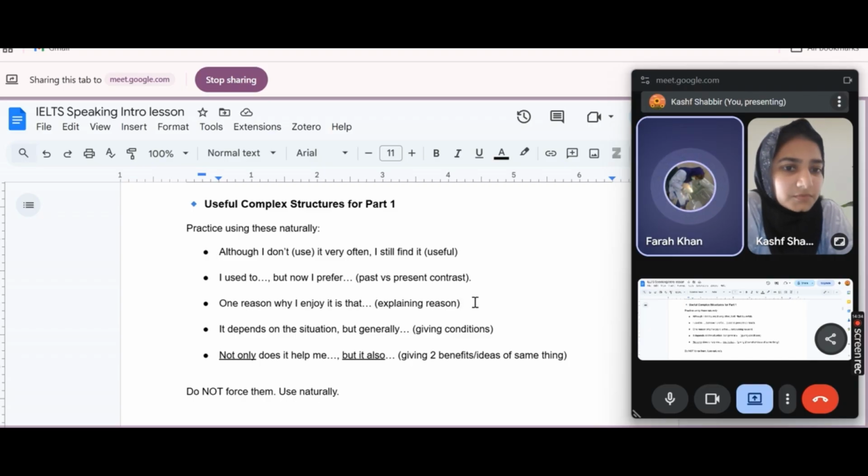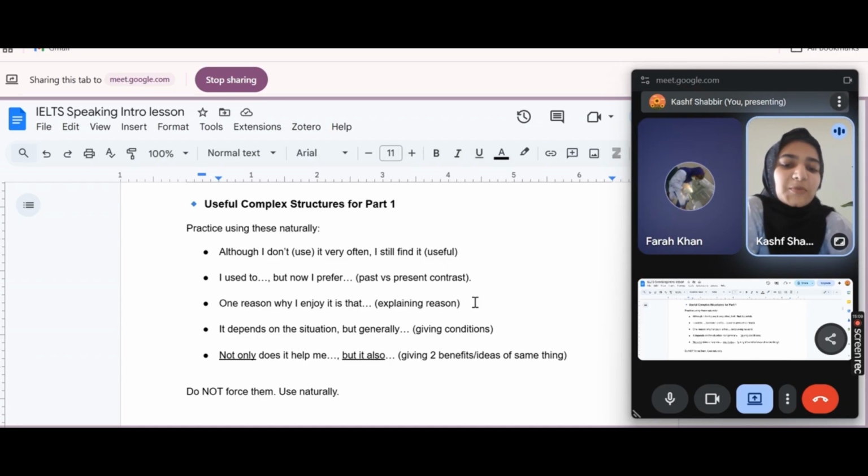But one reason why I enjoy it is that I find it very therapeutic and very relaxing, because the process of cooking is so relaxing, because when you choose specific ingredients and decide a specific recipe and the whole process, I find it very calming, and I don't find a specific word.